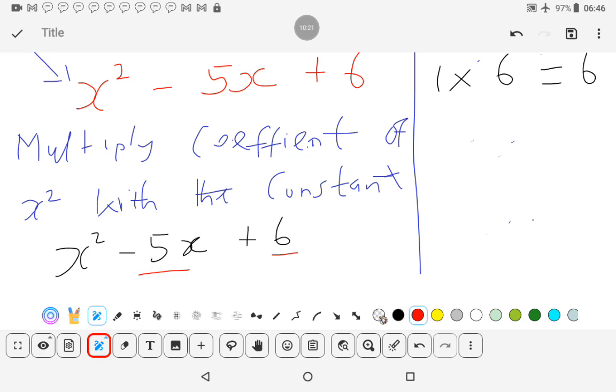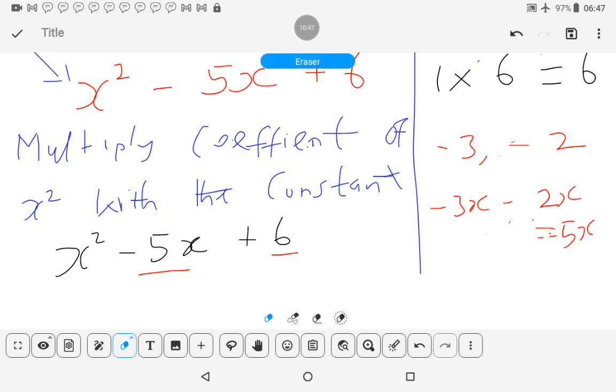So the two numbers, very fast, are minus 3 and minus 2. If you add minus 3x and minus 2x, it will give you minus 5x.